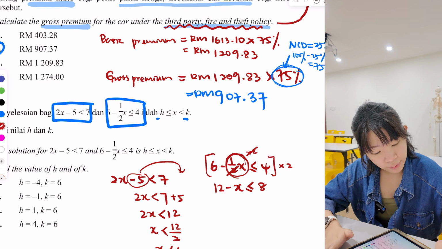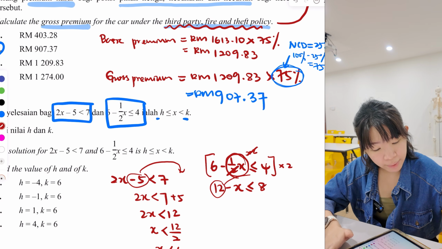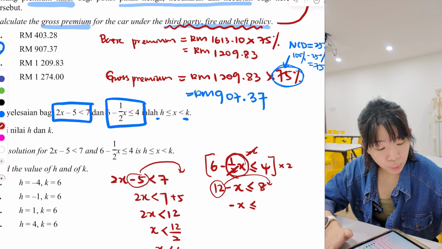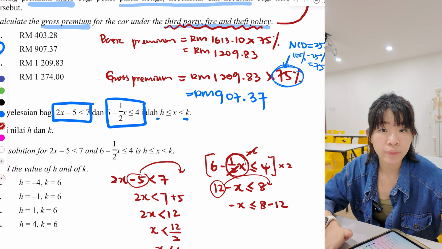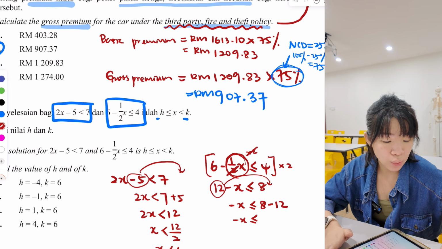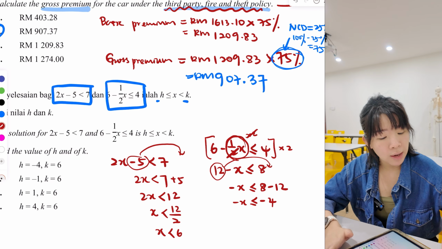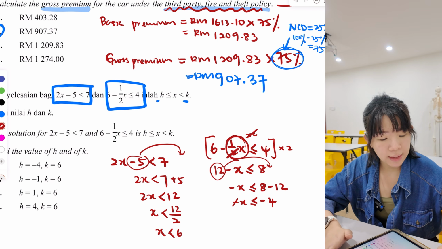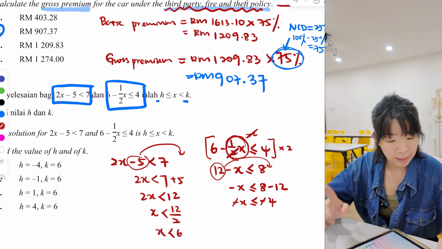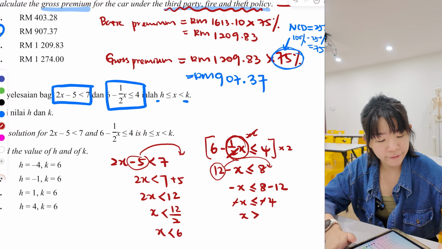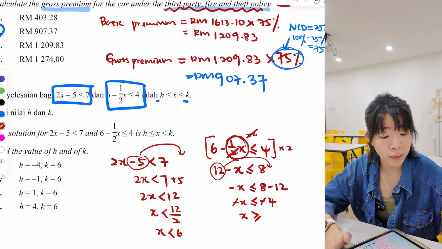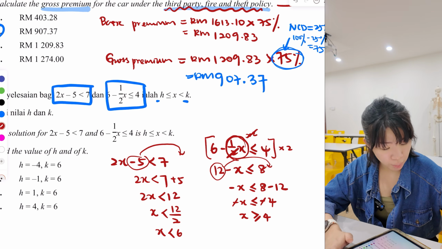So if I want to find x, the 12 brings over: negative x less than or equal to 8 minus 12, negative x less than or equal to negative 4. Now, both sides negative, negative, negative, positive. And here, remember, we need to reverse, switch, to become more than or equal to 4.